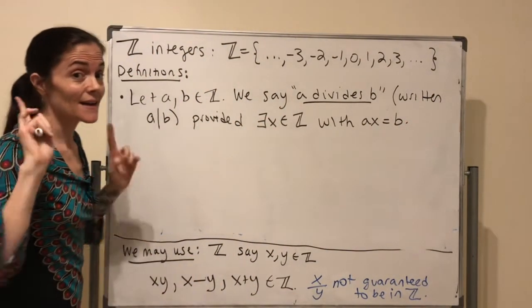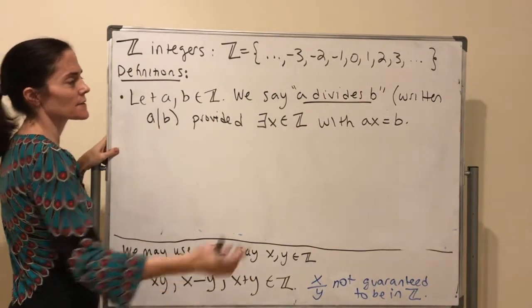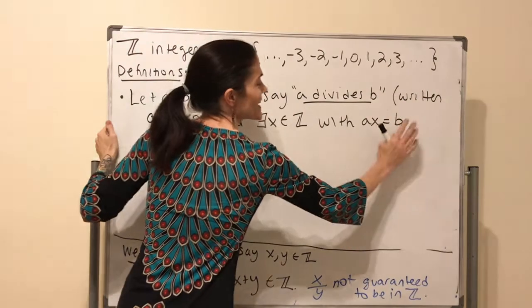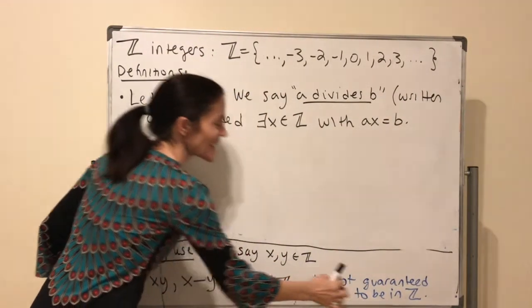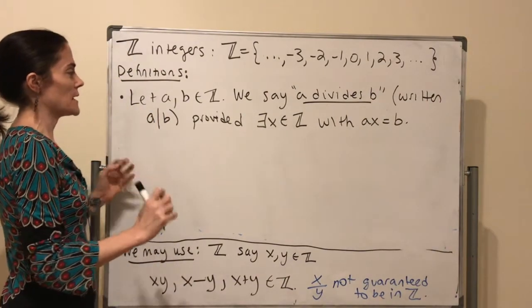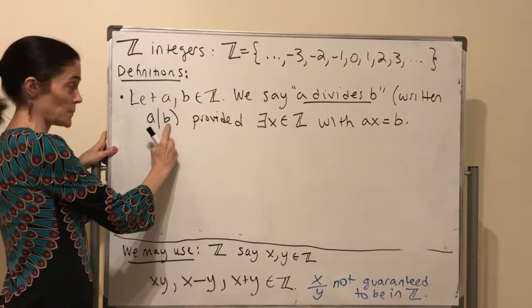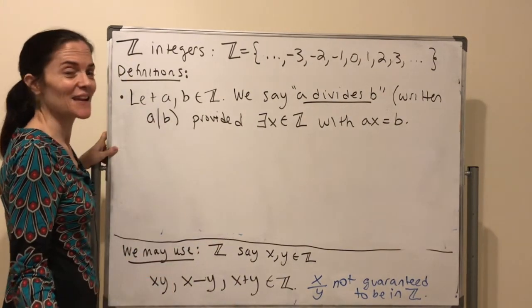The idea is that b over a is an integer, right? Think about b over a is an integer. We don't actually write that because we cannot divide in the integers. So we say a divides b, provided there is an integer x with ax equals b.